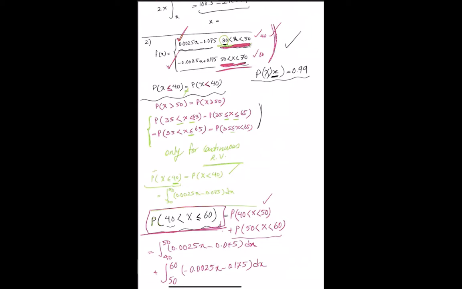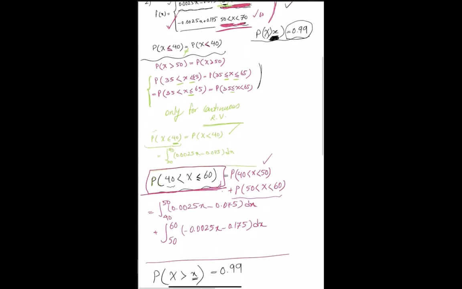So since this is 0.99, that's almost 1, I expect this value x that we are looking for is somewhere in the first range for the random variable x.